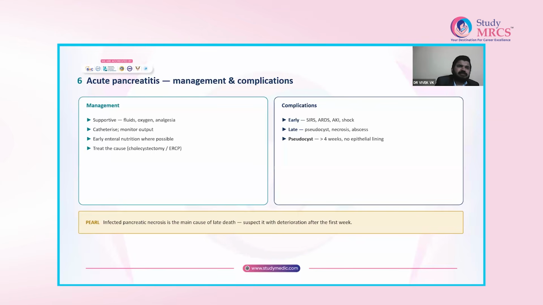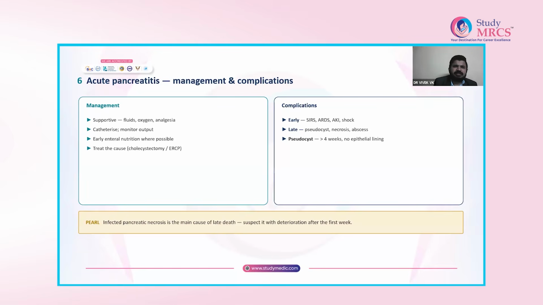If the etiology of the pancreatitis is gallstones, you may have to do an immediate ERCP to relieve that obstruction, followed by a cholecystectomy also. So what are the complications of acute pancreatitis? The complication could be local or systemic.